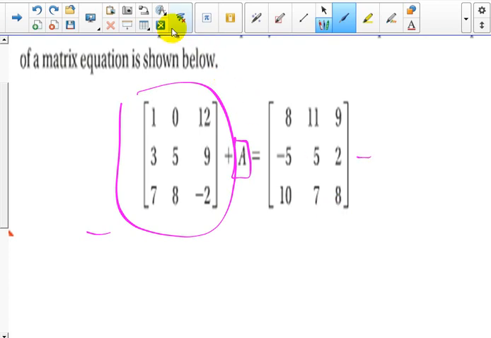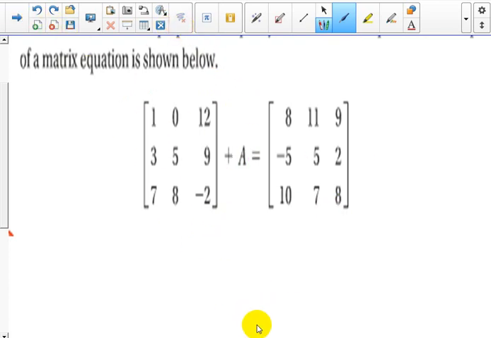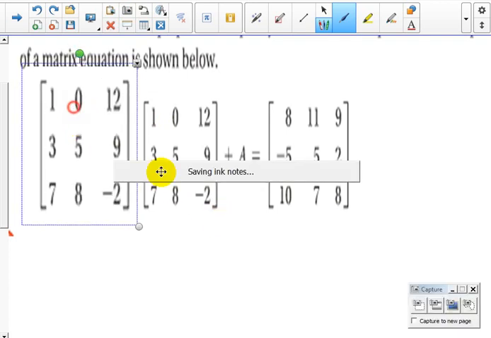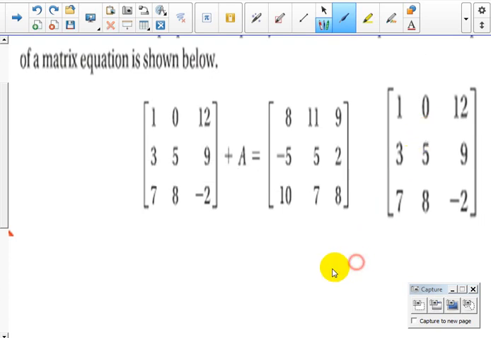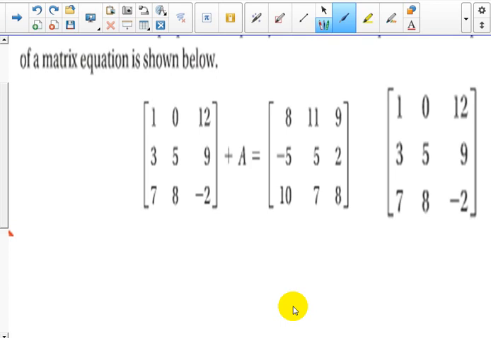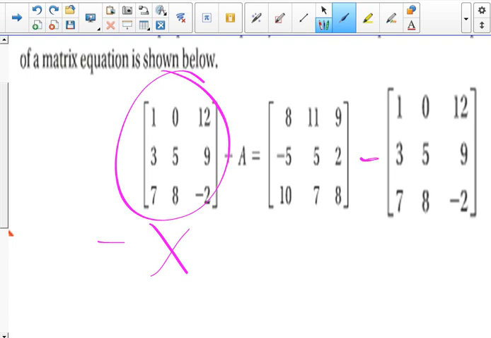So basically, let's see if I can do this quickly. Subtract this matrix from both sides.